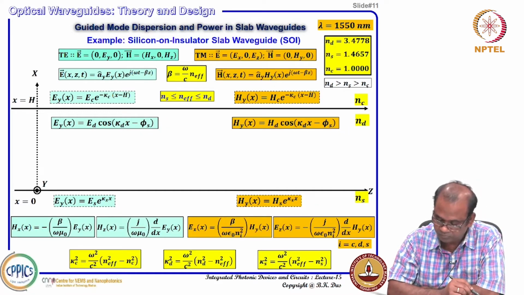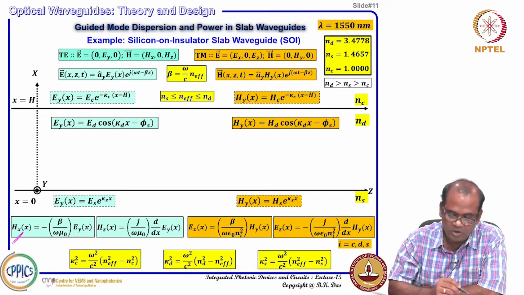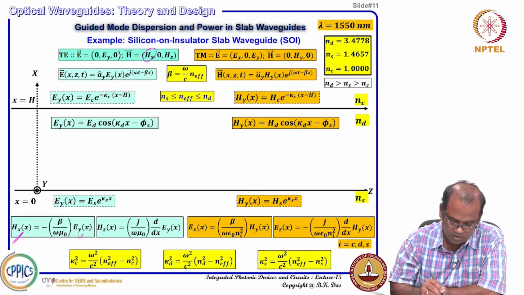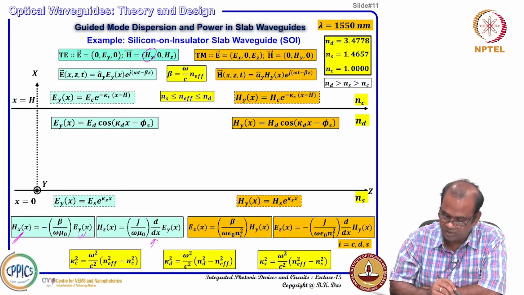We also know how to calculate the other components for TE polarization. The Hx component is related to Ey, and the Ez component is also related to Ey. So once we know Ey as a function of x, we can find the Ez and Hx components as functions of x.